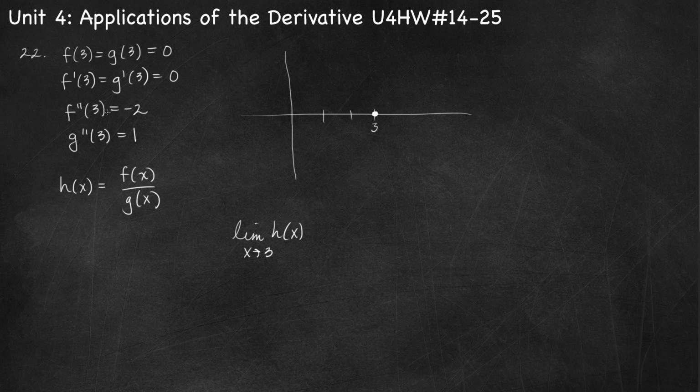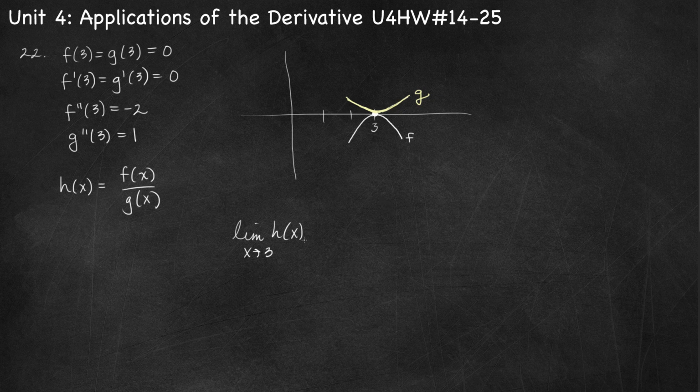That tells me that f is concave down at 3. So f, if it's concave down and the first derivative is 0, is going to have a relative max. So there's my f. G double prime of 3 is +1. And since the second derivative of g is positive, I know that g is concave up. So g could look like this. Concave up, the first derivative is 0. And it's passing through that point. I missed my mark a little bit there.